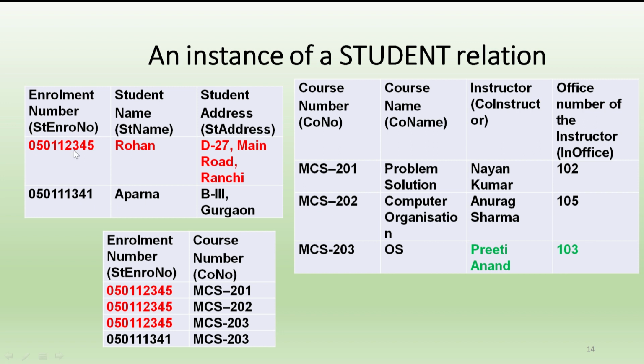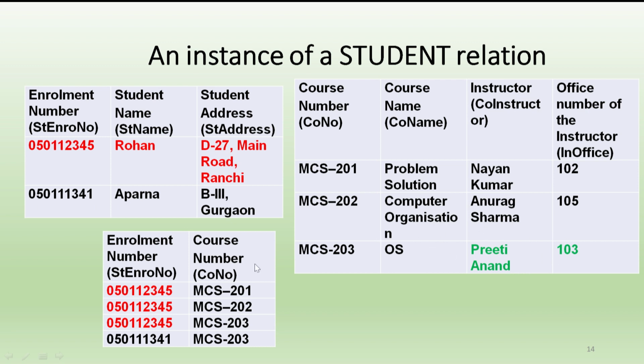Now, because of normalization, which is decomposition, we get just two tuples because there were only two students' data, Rohan as well as Aparna. As far as courses are concerned, there were three courses, 201, 202 and 203, with operating system being taught by Preeti Anand. So now the redundancy has been reduced.